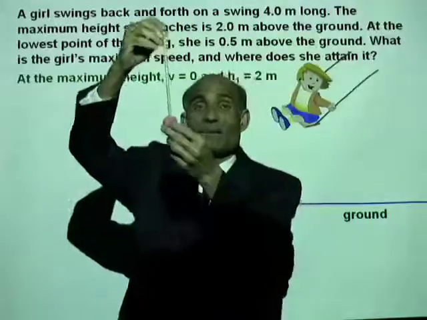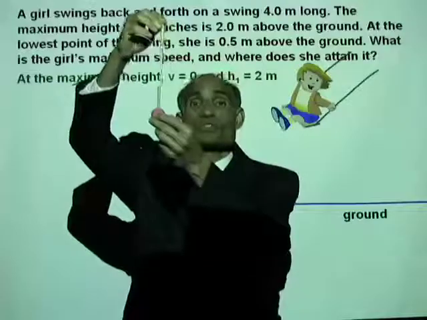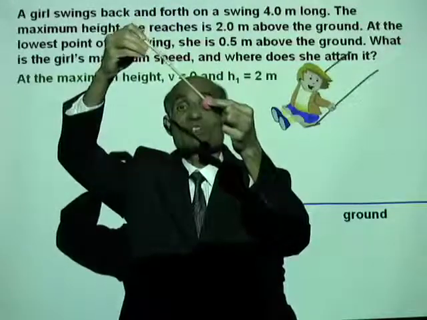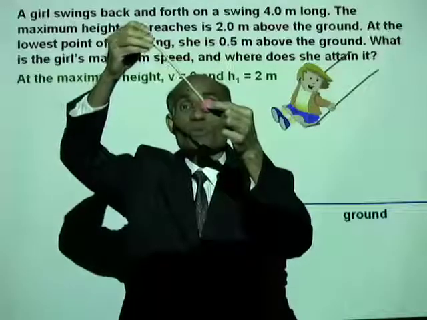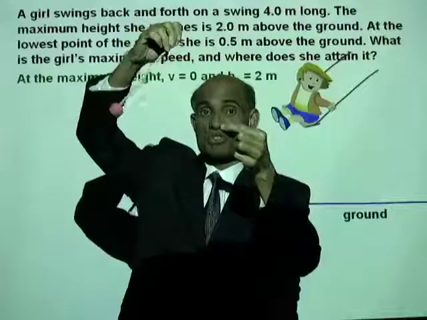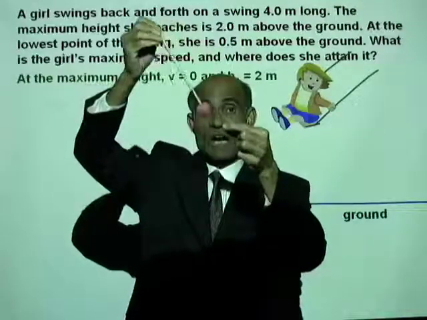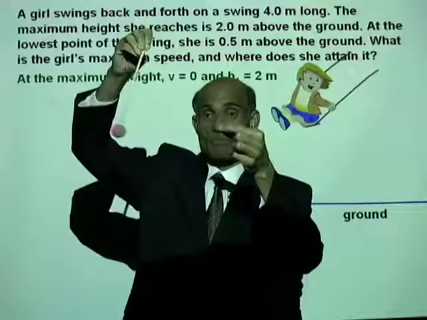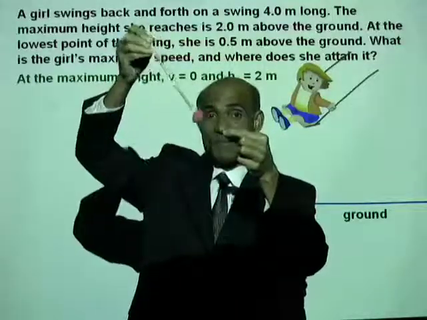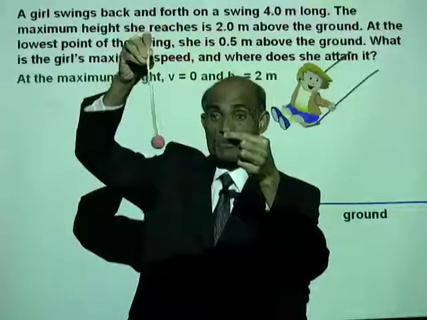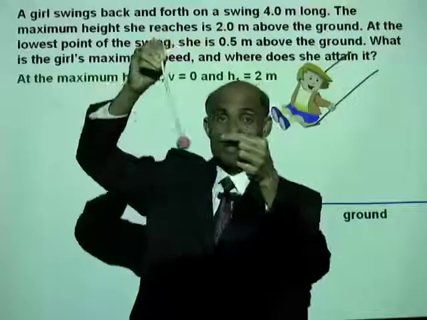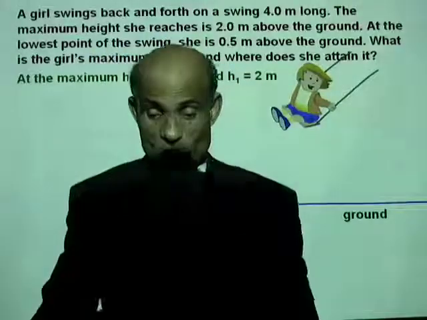You notice that what happens here is the swing is taken to a height. It has potential energy. When you leave it, the potential energy changes to kinetic energy and that kinetic energy changes to potential energy, and the oscillations of the swing is simply the change in energy from potential to kinetic to potential to kinetic and so on.